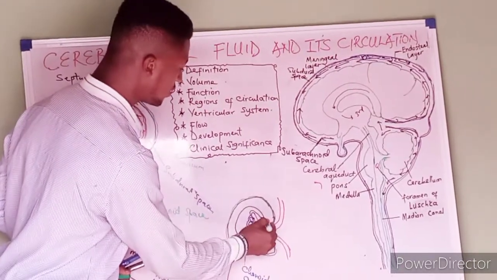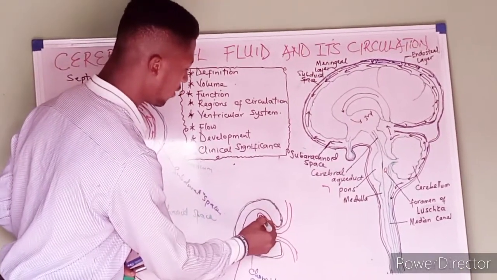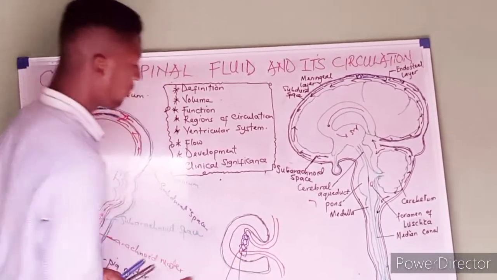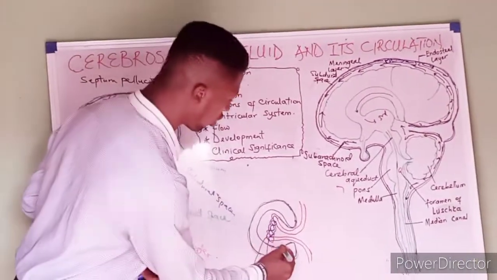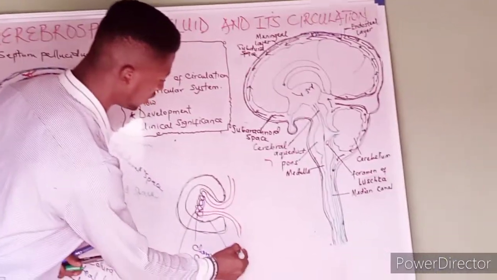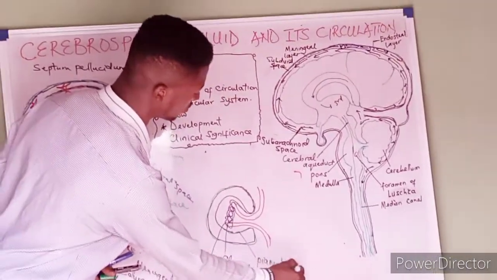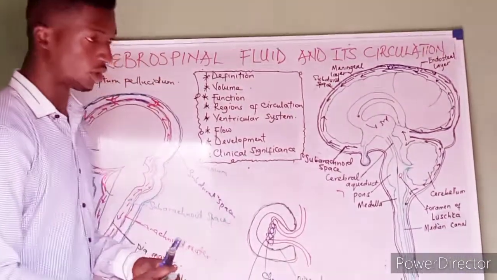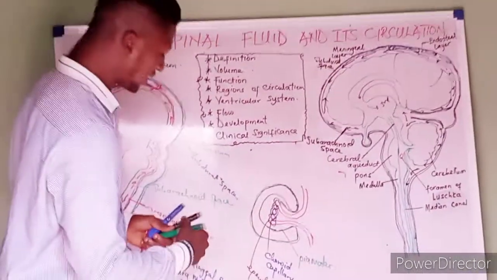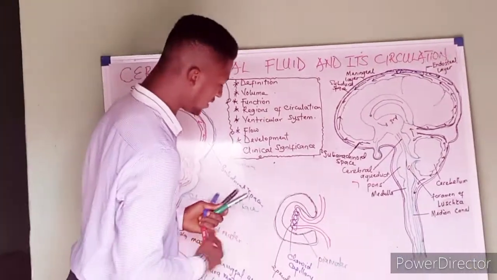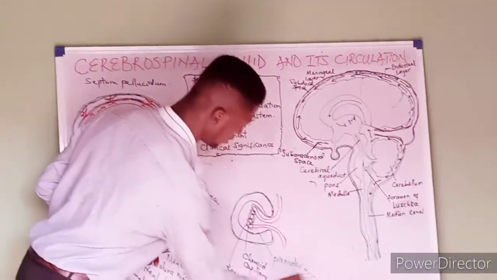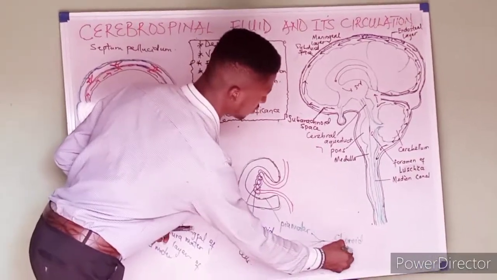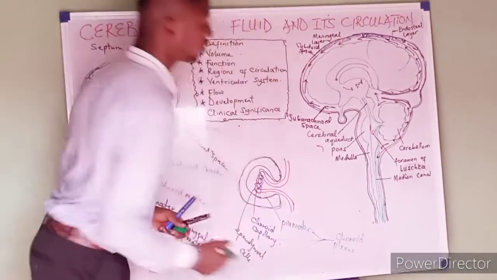So here, this particular layer makes a contribution to this particular plexus, and this is called, do not forget, the pia mater. It's the one that is in close relation to the layers of the cerebrum. So these three are then referred to as choroid plexus.